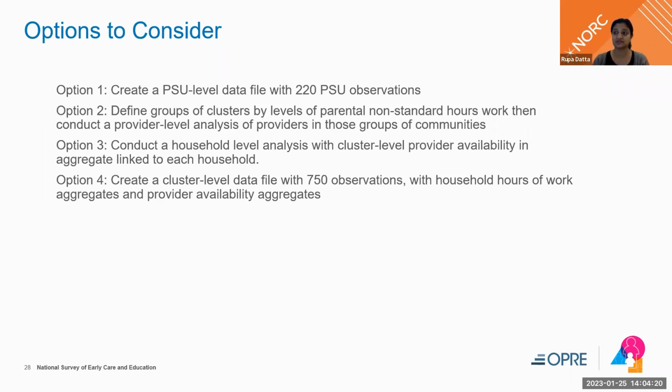The second option is to collapse on the household side, so create aggregate measures on the household side at the cluster level, but then keep the providers unaggregated.